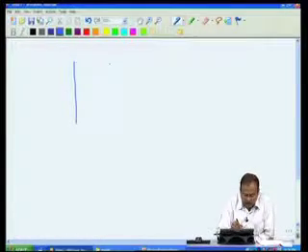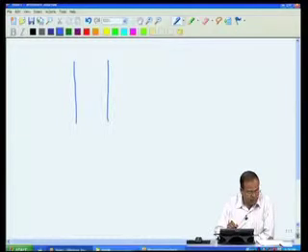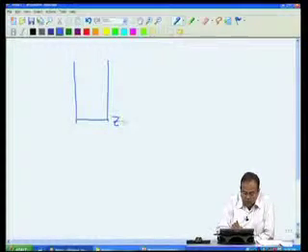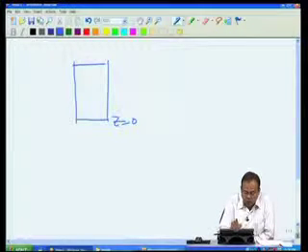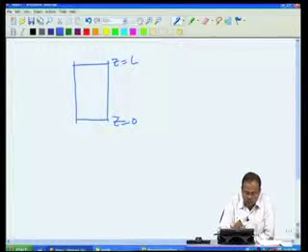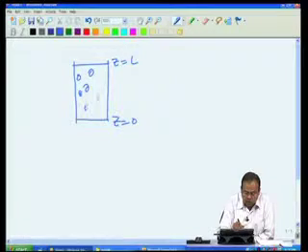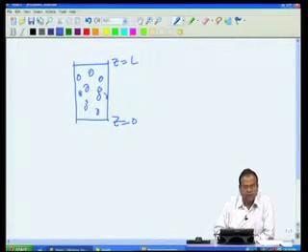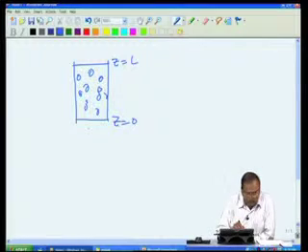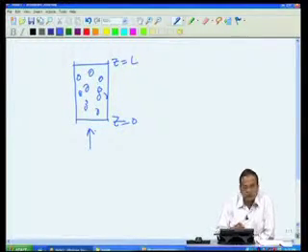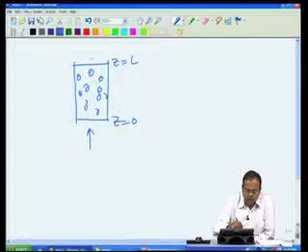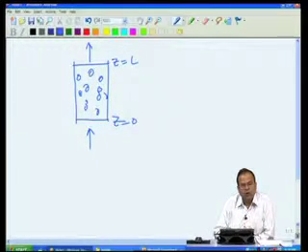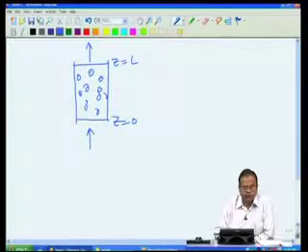So, let us say that this is my reactor. It is packed with solids between z equal to 0 and z equal to L. So, there are solids all through this reactor. The gaseous components come inside the reactor, they react in the presence of this catalyst and they leave.